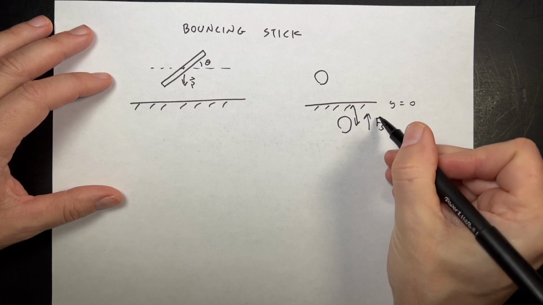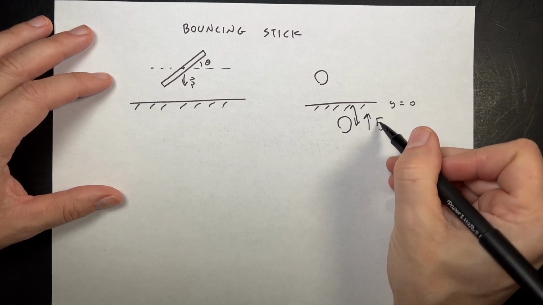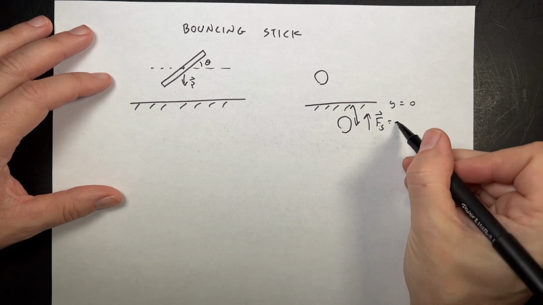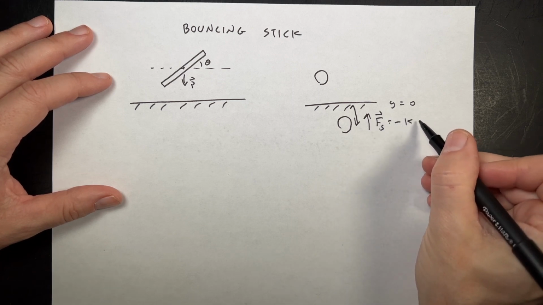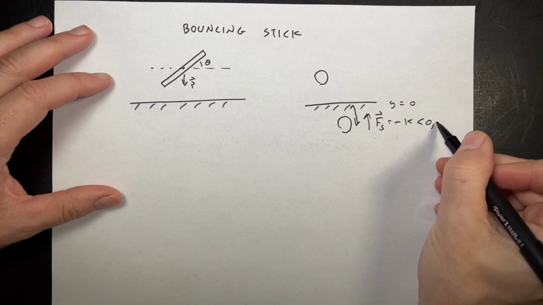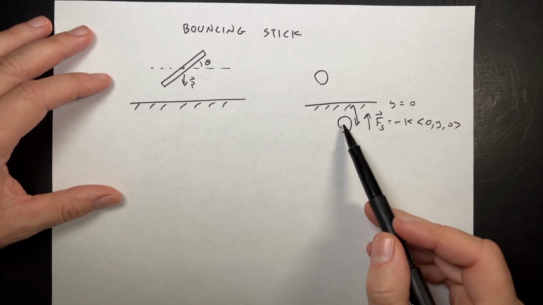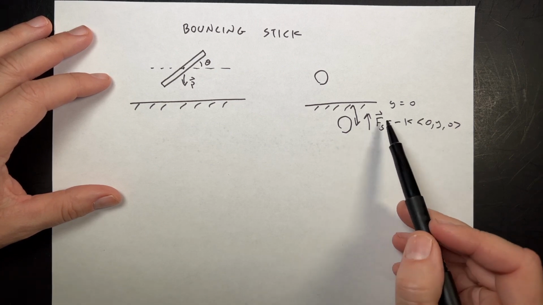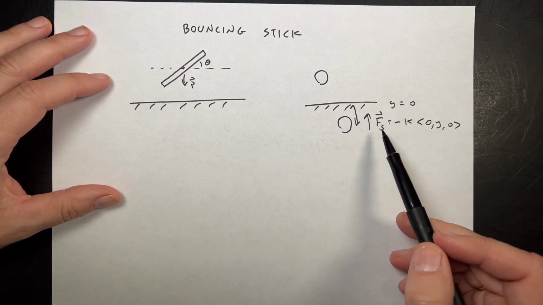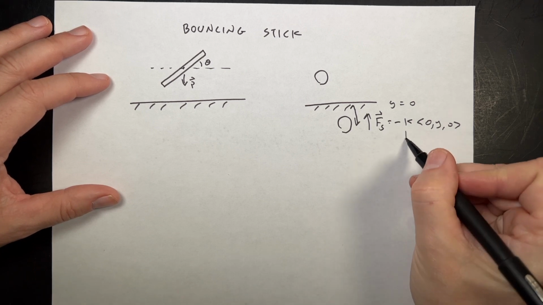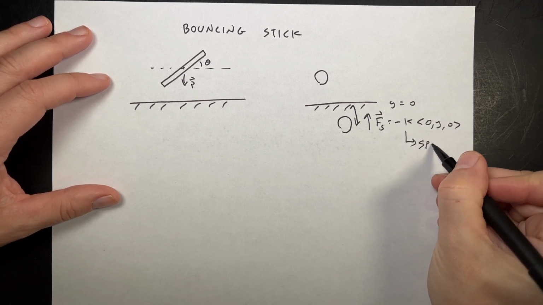F spring, or floor, F floor, is equal to negative K times the vector 0, y, 0. So y will have a negative value. So this is going to be a spring force pushing in the positive y direction, and K is the spring constant.